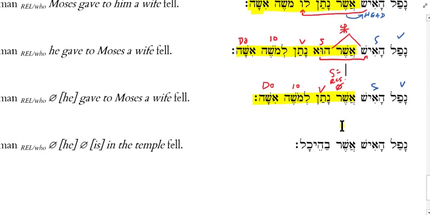Okay, and then lastly, we have nafal ha'ish. Again, verb followed by the subject, the man fell. And what about this man? The man asher Bahekal. What is this saying about that man? The man who is in the temple.